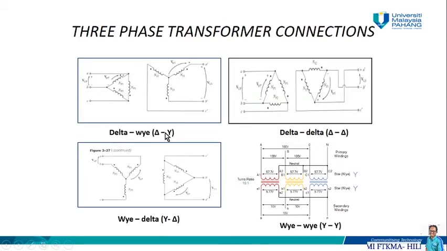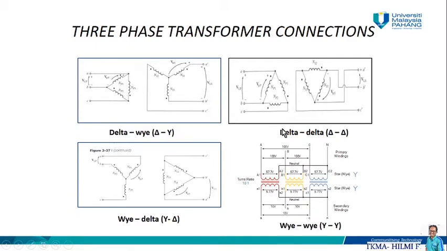A three-phase transformer connection is done using four different methods. The first one is from delta to Y. We have discussed or learned about the delta and Y in the previous lecture regarding the resistor.